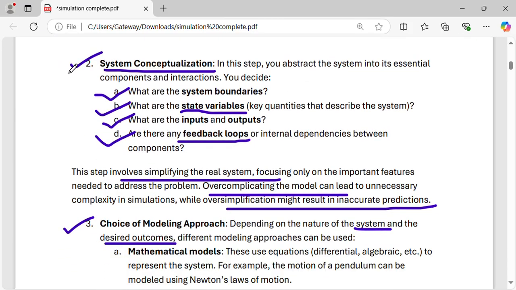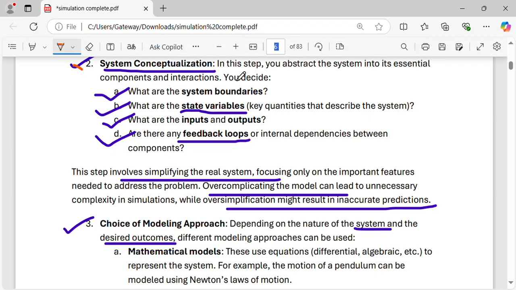Then we have system conceptualization, which conceptualizes our system. We have defined the problem, and now we are going to define it in terms of concepts. We start with the system boundaries, the state variables we talked about, the inputs and outputs, and the feedback loop.